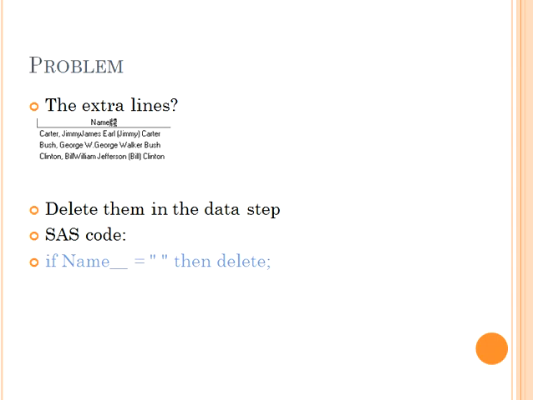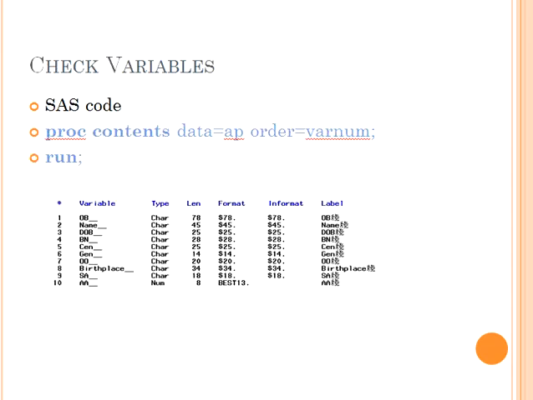Well, we mentioned that there is a problem, the extra lines at the end of the file. So the way I deal with it is to delete them directly in the data step. Then let's have a look at the variables.